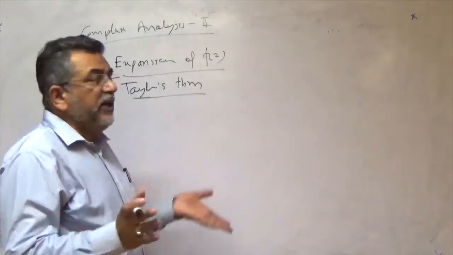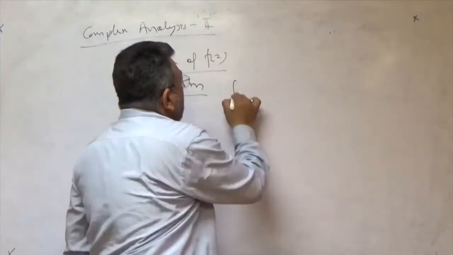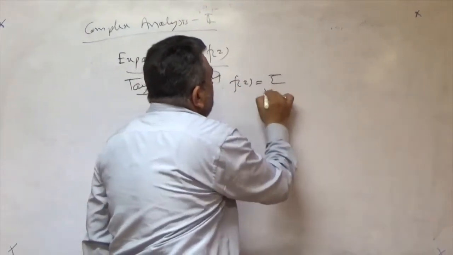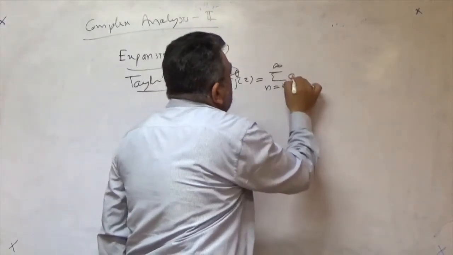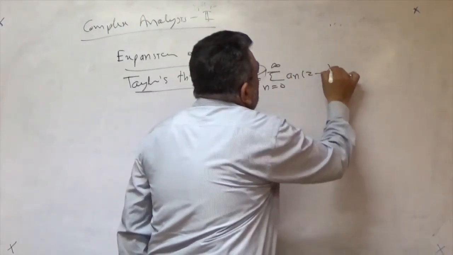First is Taylor's theorem. If the function is analytic in a closed region C, then f(z) equals the sum from n equal to 0 to infinity of a_n (z minus a) to the power n.